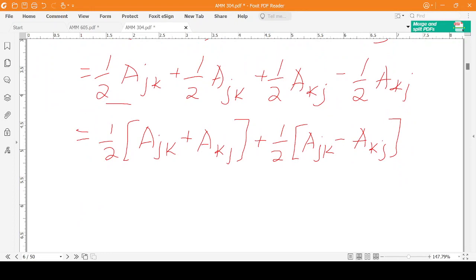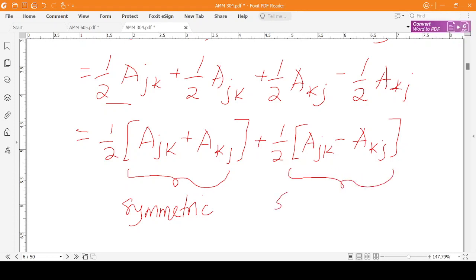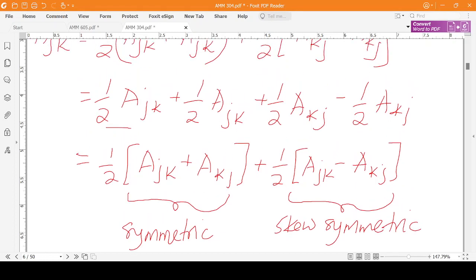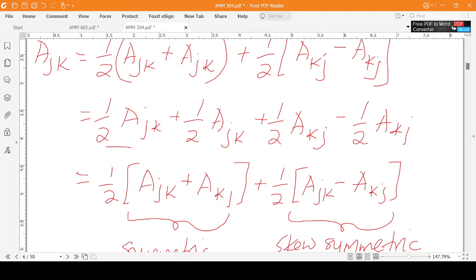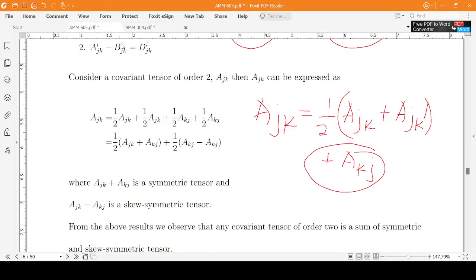Now, this component here is a symmetric tensor, and this one is a skew symmetric tensor, provided that Ajk is a tensor. So what we are saying is that any tensor of order 2 can be expressed as a sum of two other tensors, one being symmetric and the other being skew symmetric.